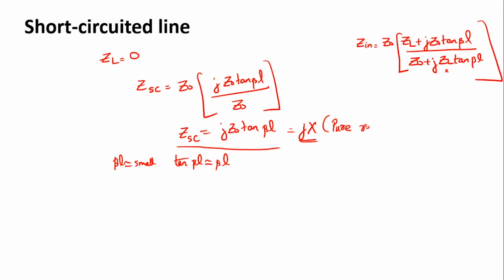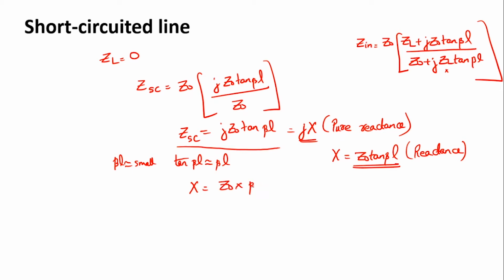So from this you can write X is equal to Z0 tan βL. This is the reactance value, and the resistive part is 0 because it has only an imaginary part. And for small angles you can assume tan βL as βL. So X is equal to Z0 into βL.